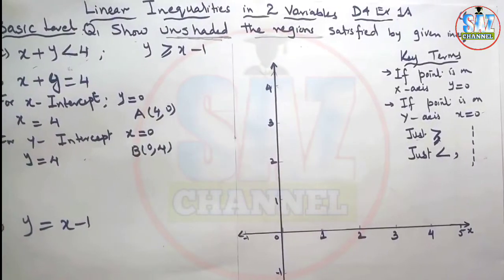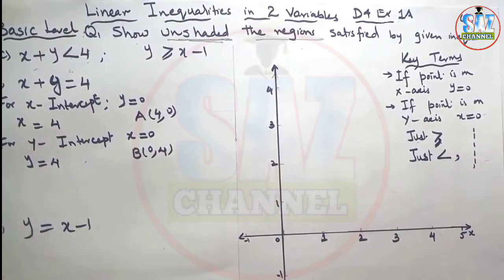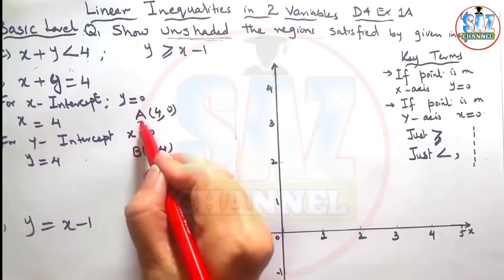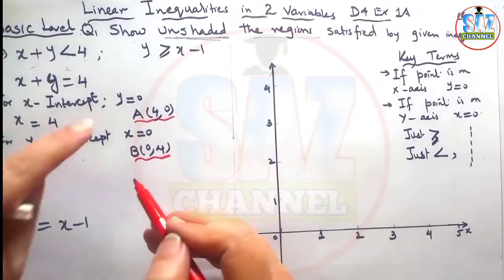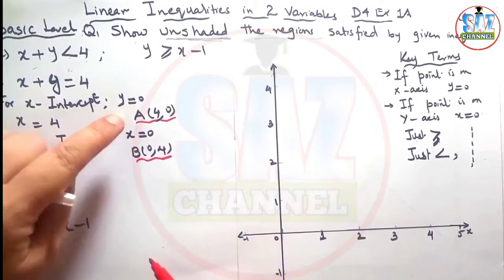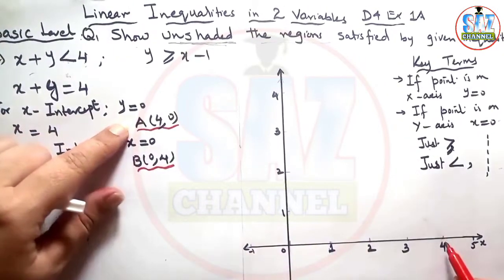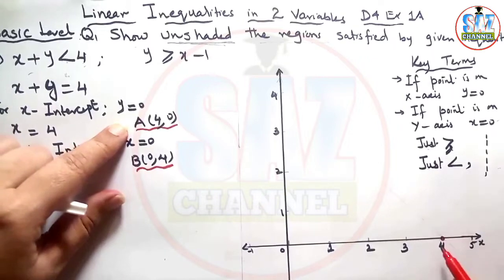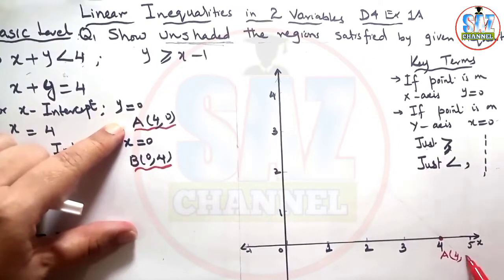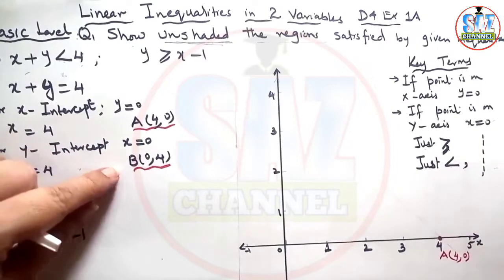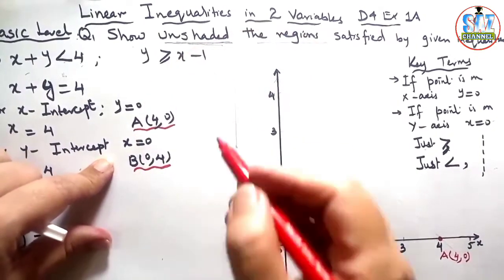After getting the intercepts, we have to mark and plot the points on the graph paper. The first point is 4 with 0. This will be coming on the x-axis, and I'll be marking a point at 4 with 0. The second point is 0 with 4.